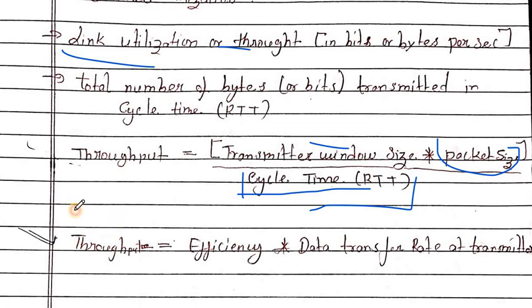Bandwidth says the maximum number of bits we can transfer on the channel per unit time, and throughput says how many bits we are actually transferring per unit time. So bandwidth is the maximum and throughput is the actual bits we are transferring into the channel.